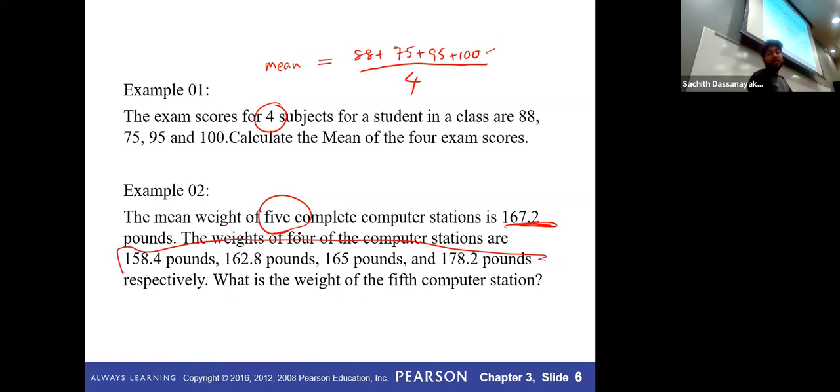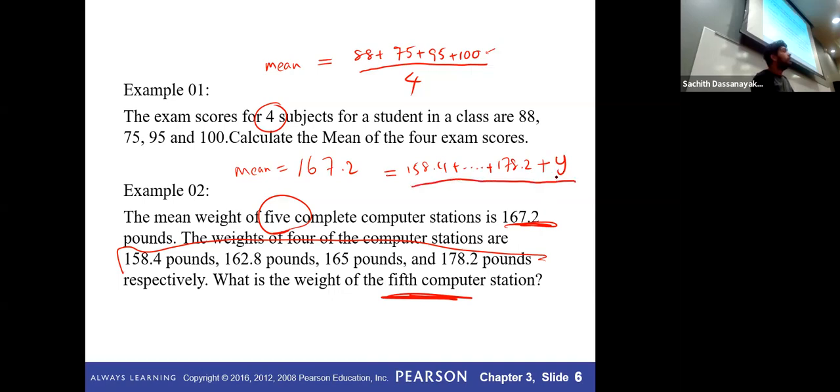So mean weight they have given. Mean they have given, right? 167.2. This is the mean. Mean equals what? Summation of individual values, right? So you have 158 point something plus the last one 178.2 plus the last one that you don't know, that you need to find, right? The fifth one, let's say it is y, unknown variable, you don't know what the value is, that you need to find.